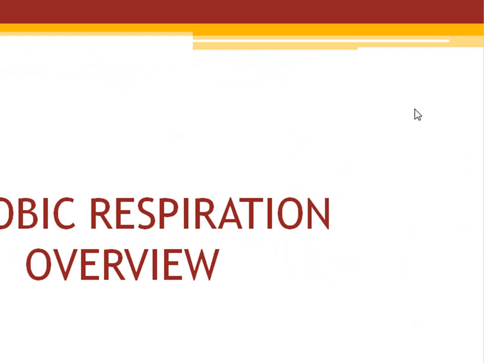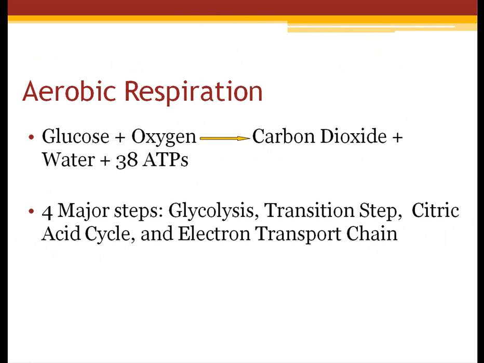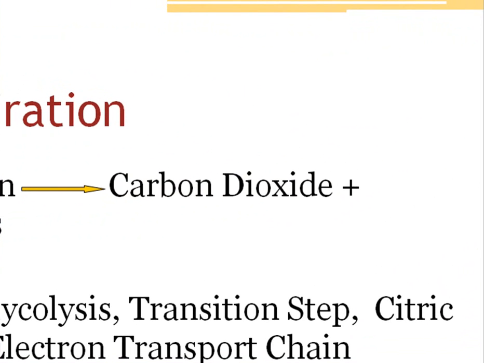Now let's look at an overview of aerobic respiration. There are 4 key components or parts to respiration. What we see here is that there is glycolysis, which is the splitting of glucose, the transition step, the citric acid cycle, and the electron transport chain.